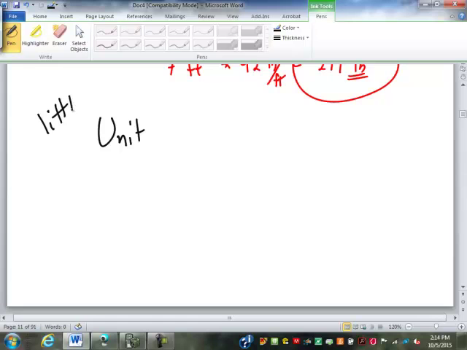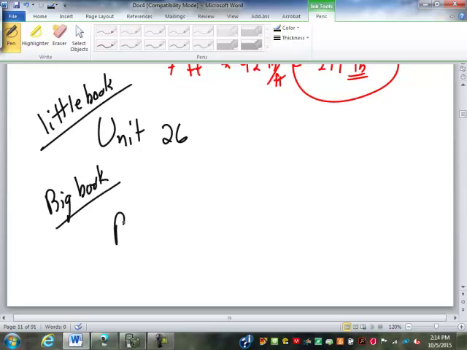In the little book, I want you to work on Unit 26. In the big book, I've got to find the updated page now for our new edition here.